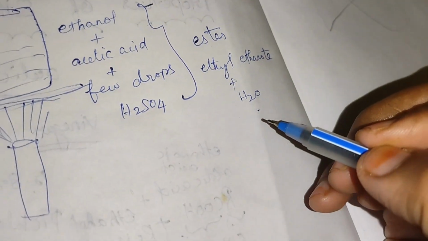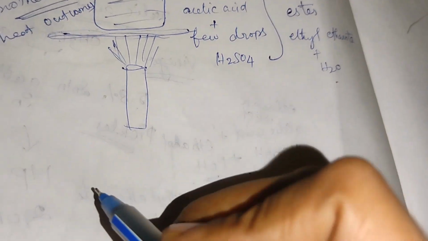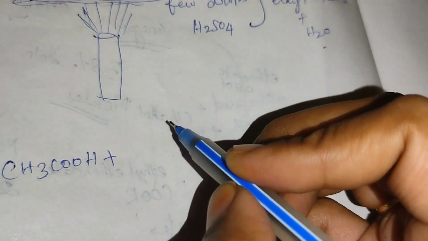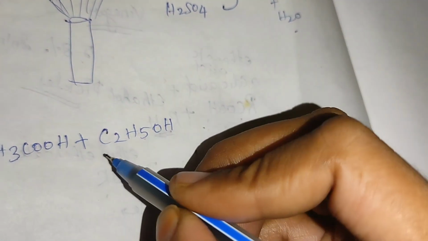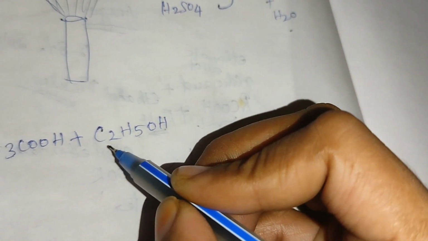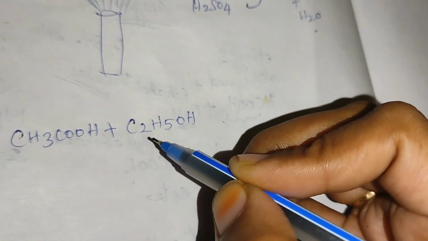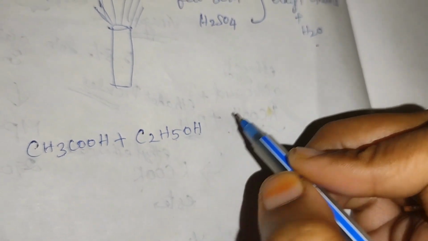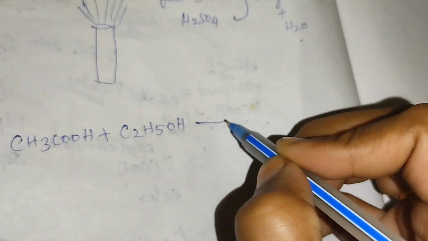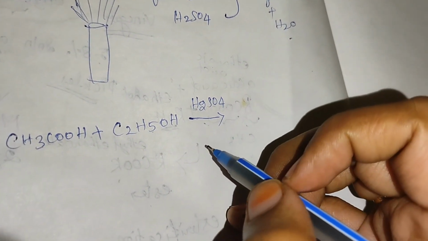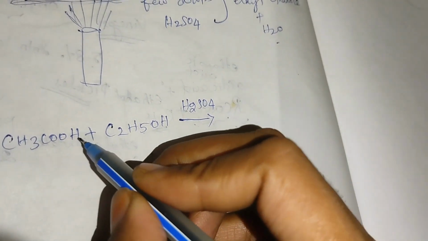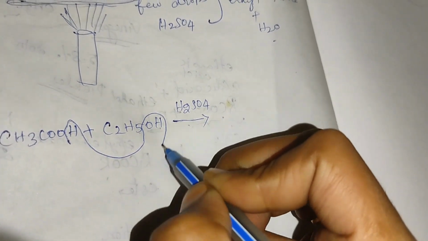So we are going to write the derivation for this equation. Acetic acid formula is CH3COOH plus ethanol, formula C2H5OH. Ethanol has 2 carbons; 1 carbon means methanol, 2 carbons means ethanol. Here the alcohol group is present, so this is ethanol. In presence of sulfuric acid, H2SO4, water will be separated.